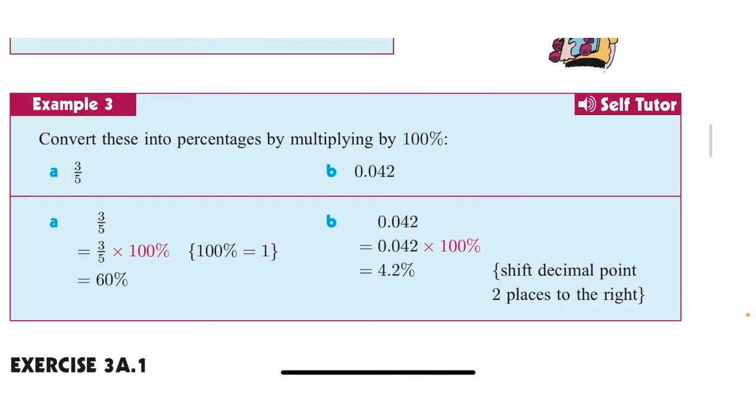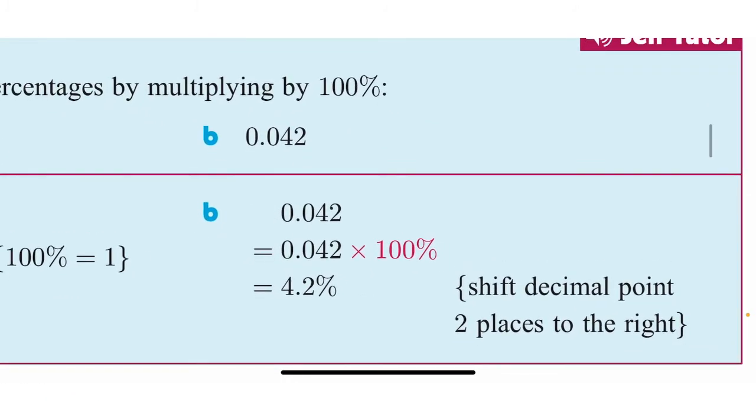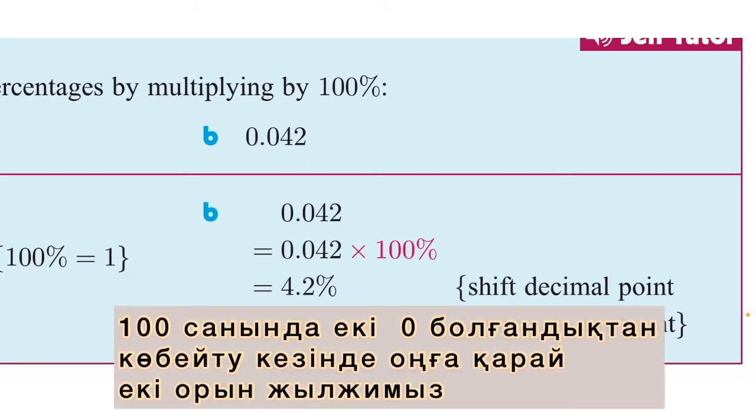Let's convert the second number into a percentage by multiplying by 100%. 0.042. When we multiply it by 100%, as 100 has double zero, we move the decimal point 2 places to the right.